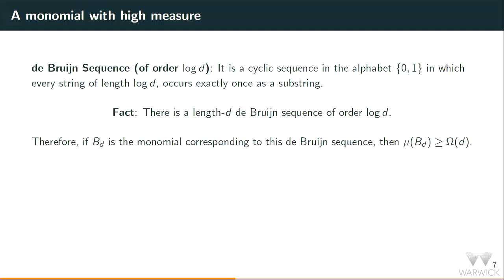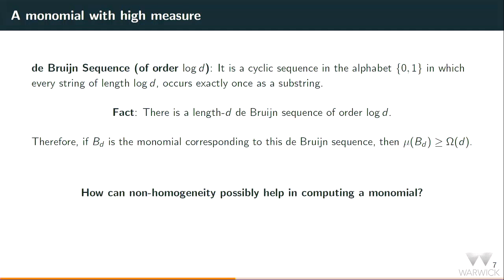Now the question is, we are just computing a monomial. Why do we additionally need this condition of homogeneity? You're just computing one monomial, so what extra power can addition gates give you? That's the intuition. If there were no addition gates, if it's just multiplication gates, then obviously the circuit is homogeneous.